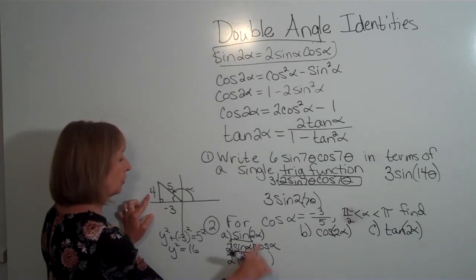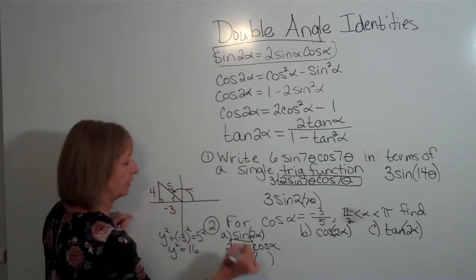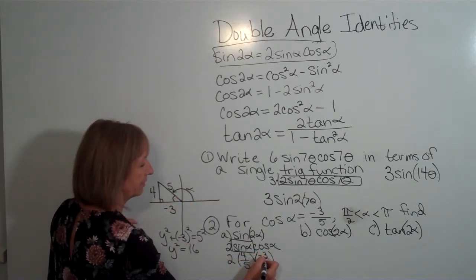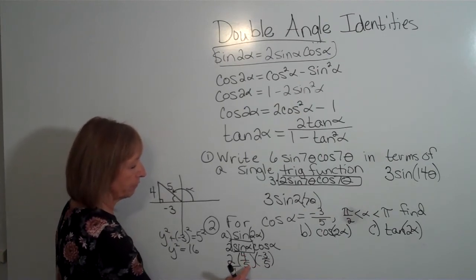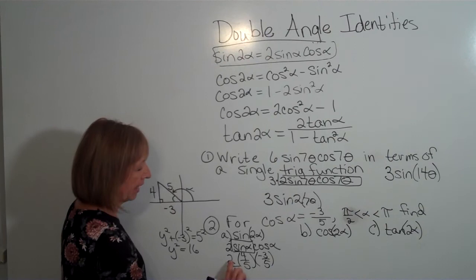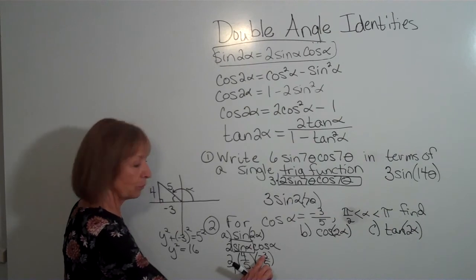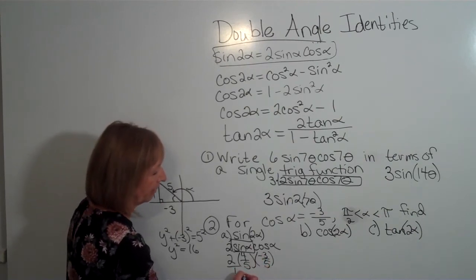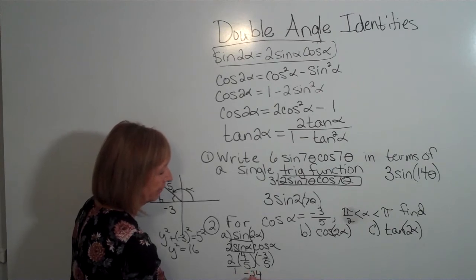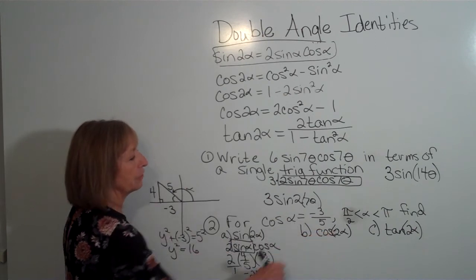And then times the cosine of alpha, and the cosine of alpha is adjacent over hypotenuse. So that's -3/5. So then when I take 2 over 1 times 4 over 5 times -3/5, my 2 times 4 is 8 times -3 is -24 over 1 times 5 is 5 times 5 is 25. So I have -24 over 25.